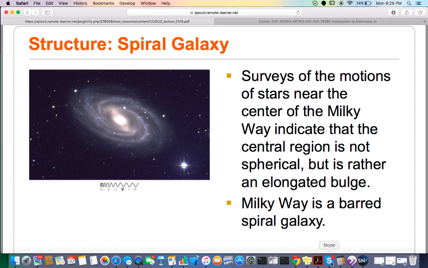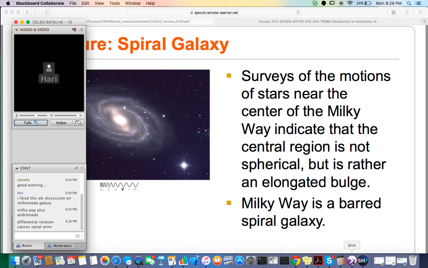So O stars, what's the difference between O stars and B stars? Does Milky Way differential rotation cause spiral arms? Well, the galaxy rotates, right? But there is something in the galaxy which is dark matter. Dark matter hasn't been observed yet. There are candidates like WIMPs, which are exotic matter.